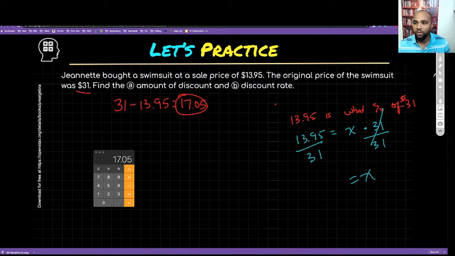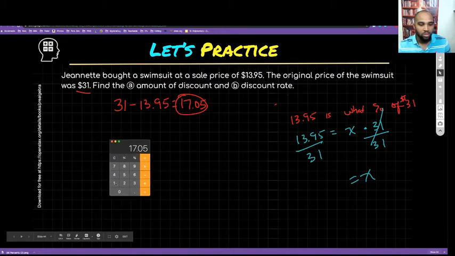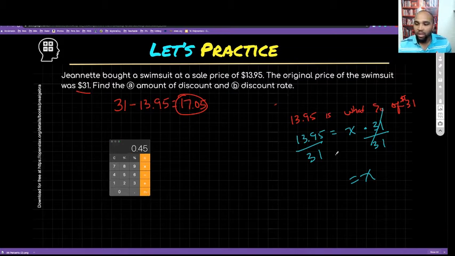X equals whatever the math comes out to be here. And let's do it. $13.95 divided by 31. And it looks like we're looking for percent, so we're going to move that decimal 2 spaces to get 45%.